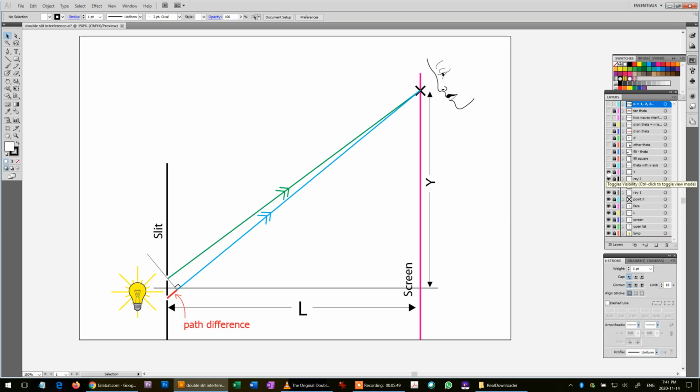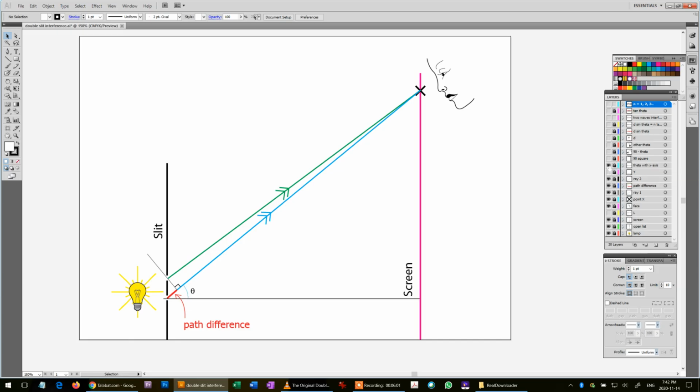Now let me remove y and L, so we can just add more diagrams. Now look at this. We call this theta. It's the angle between the blue ray and the horizontal.